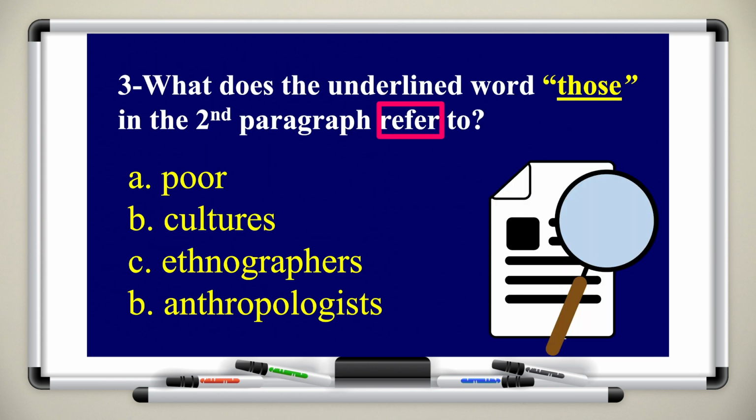What does the underlined word those in the second paragraph refer to? Now, for word reference, we also go back to the passage. In order to check what it is referring to exactly, we can read the sentence after the word and then guess the word reference.